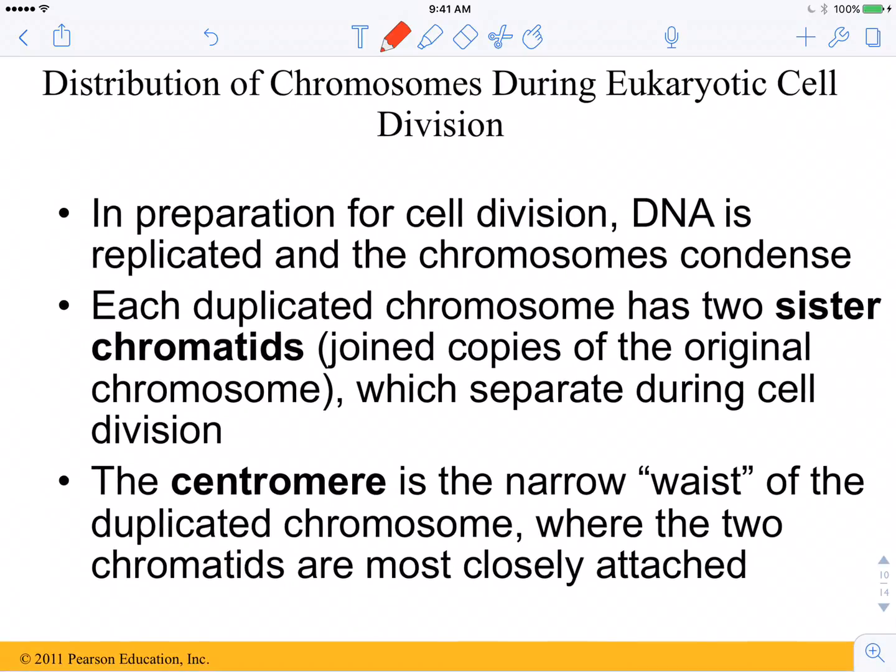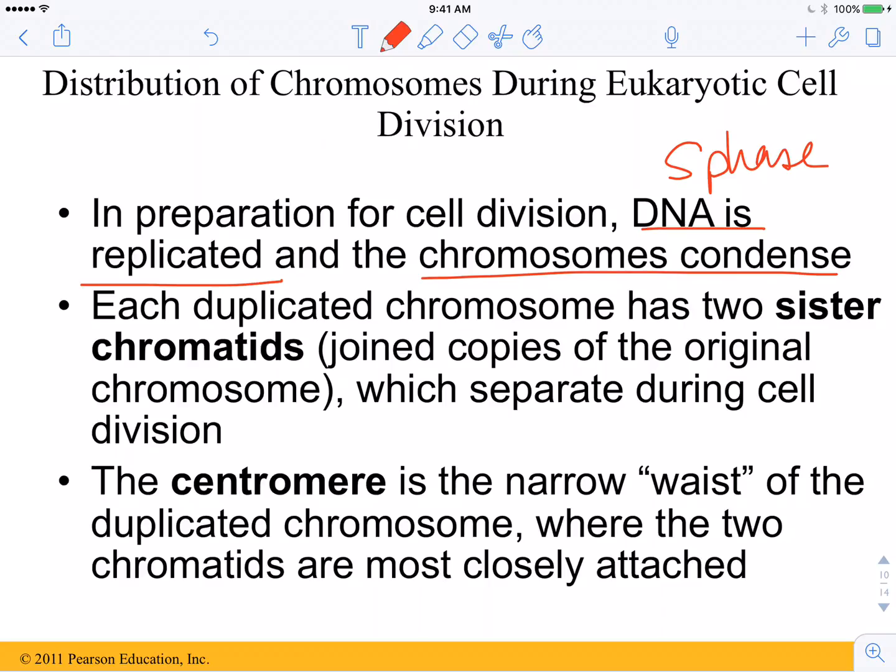To get ready for cell division, and this is very important, DNA is replicated. If you want to have two cells, you need a second copy of your genome in order for the second cell to have the same amount of DNA. So DNA is replicated. This happens in S phase of the cell cycle, and then the chromosome starts mitosis during prophase.